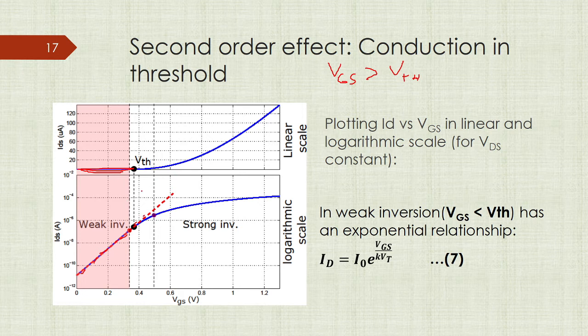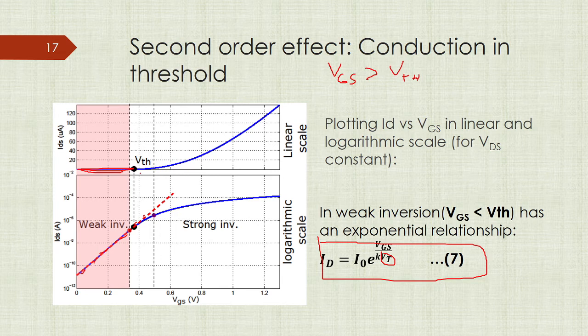The approximate current in this region is given by expression number 7, where the exponential is to the power of VGS over kappa times the thermal potential. The thermal potential is around 26 millivolts, and kappa depends on the fabrication conditions of our device.